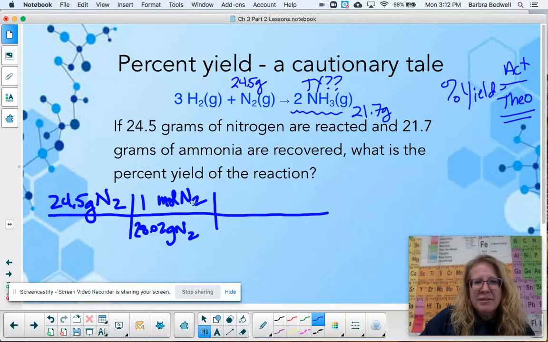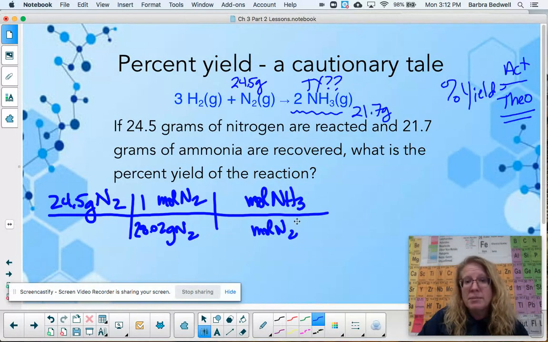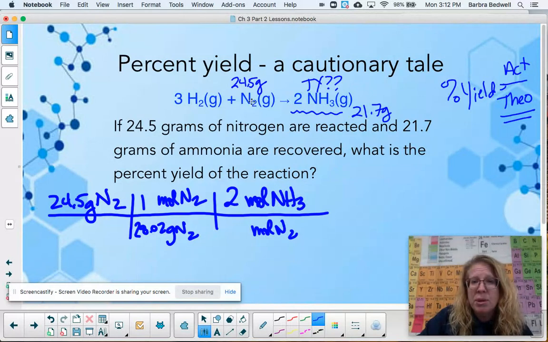All right, second step, moles to moles: moles of N2 to moles of our other material. We're trying to go for theoretical yield, so we need to go to our product, 2 moles of NH3. Again, our mole to mole ratio: 2 moles of NH3 can be produced from 1 single mole of nitrogen gas.